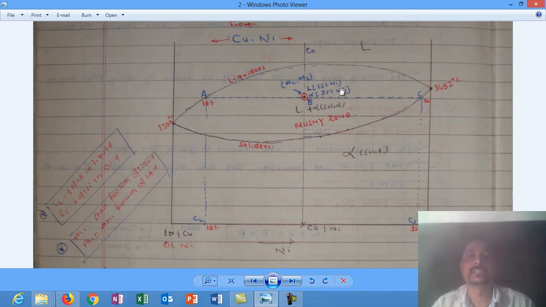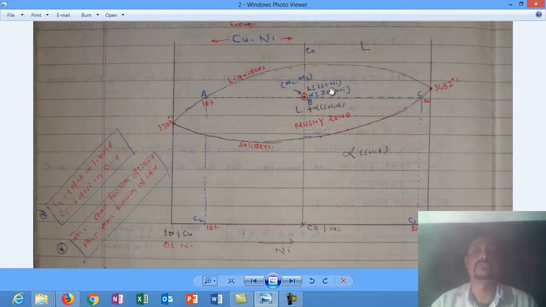Okay, this is the important thing. We have to understand carefully what the values of Cl and Cs are. Cl is the percentage of nickel in the liquid phase. This horizontal line meets the liquidus at point A. As you draw this vertical line, it meets here, and at this point 15% nickel is there.